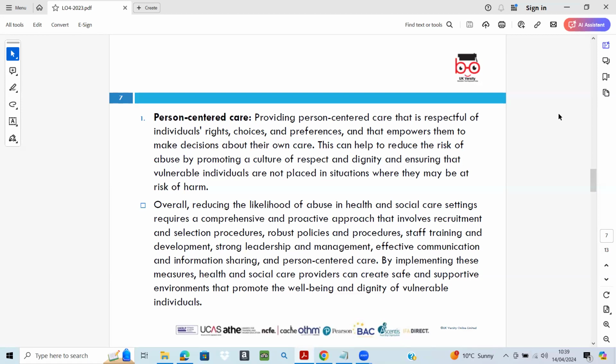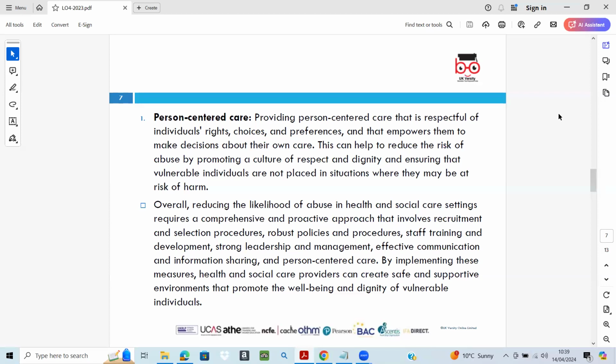Now, integrating person-centered care with other crucial measures forms a robust defense against abuse. These measures include, again, as we discussed earlier, recruitment and selection procedures to ensure that those who work with vulnerable people are suitable and well vetted.